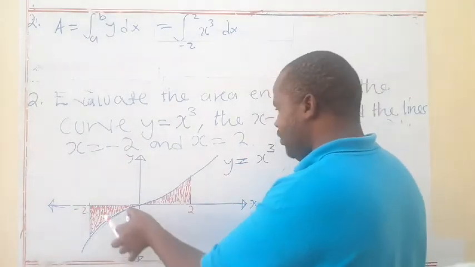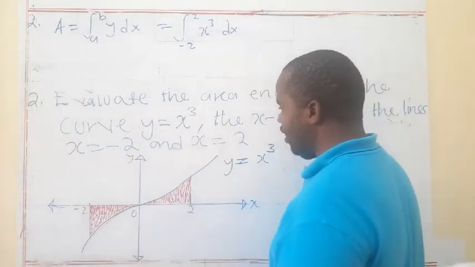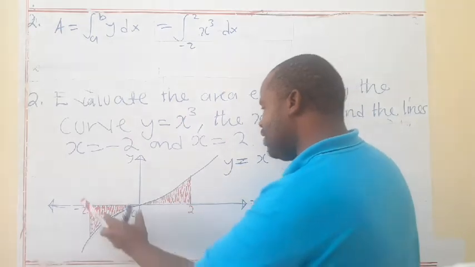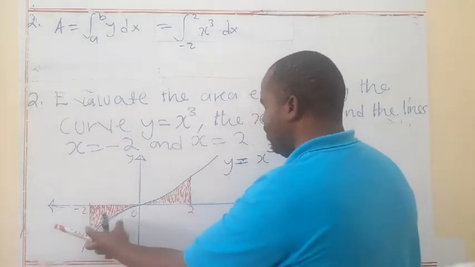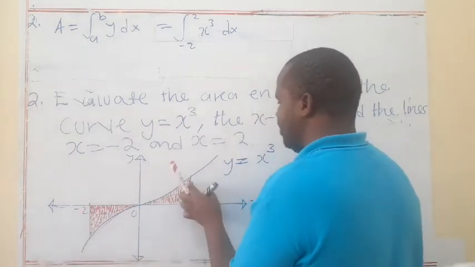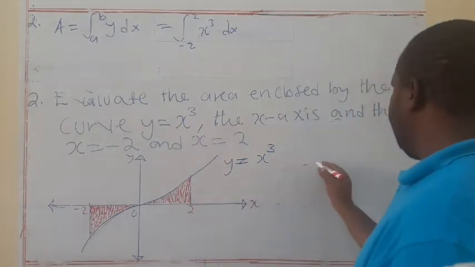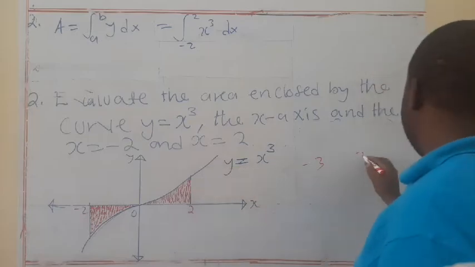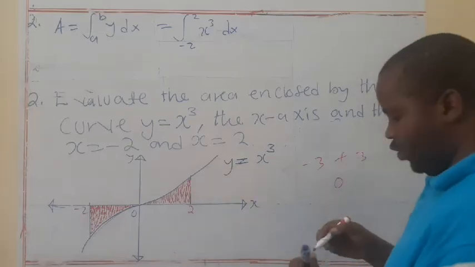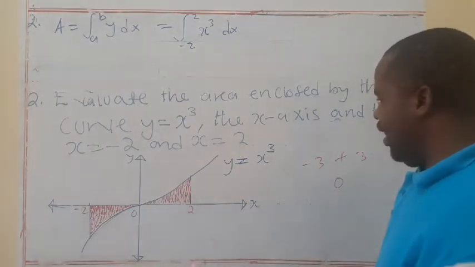When you look at this area and this area, they are equal in size. Because this one is below the x-axis, you are likely to get a negative here, and this one is positive. So maybe you might get negative 3 and the other one may be 3. When you compute this, you get 0. You can't have an area which is 0. Hence, we really have to be careful.